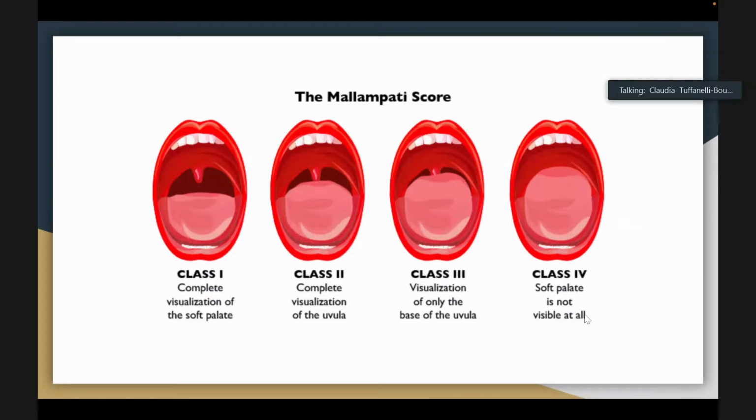As far as Mallampati, it's something in our world we get tested on a lot, and it's good to know and assess if you can, but it can be really tough to have a patient open their mouth so you can look if they're already in respiratory failure or altered. So you have to rely on the external exam.